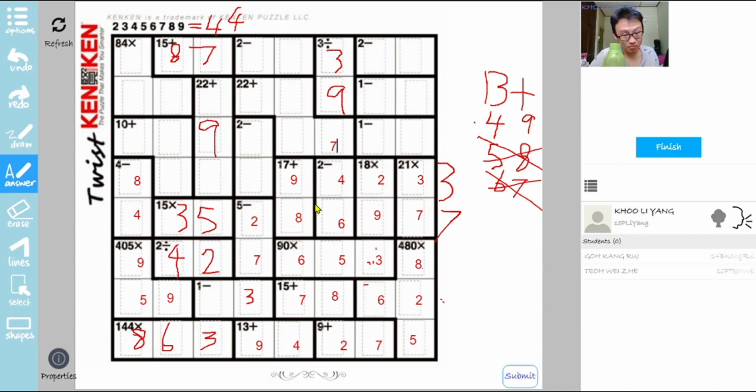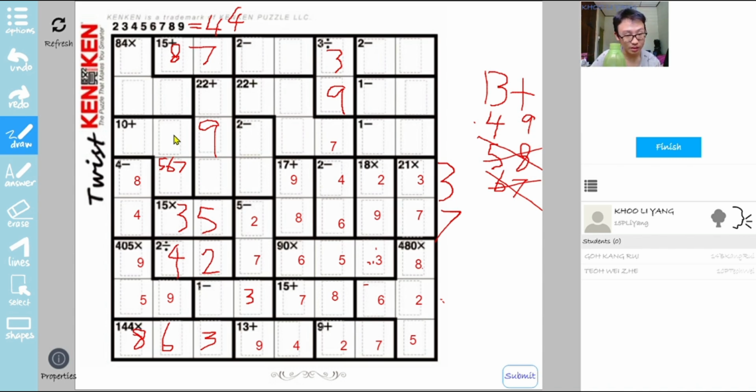Look at this row. The only numbers left are 5, 6, and 7. This is either 5, 6, or 7. If we put 7 here, these two boxes must be 1 and 2, since 10 minus 7 is 3.